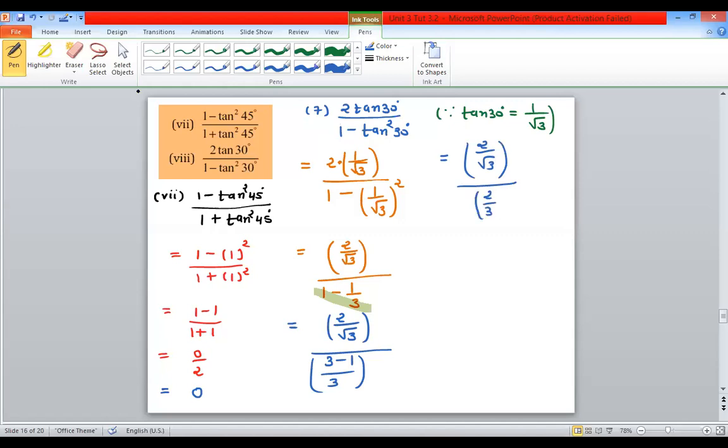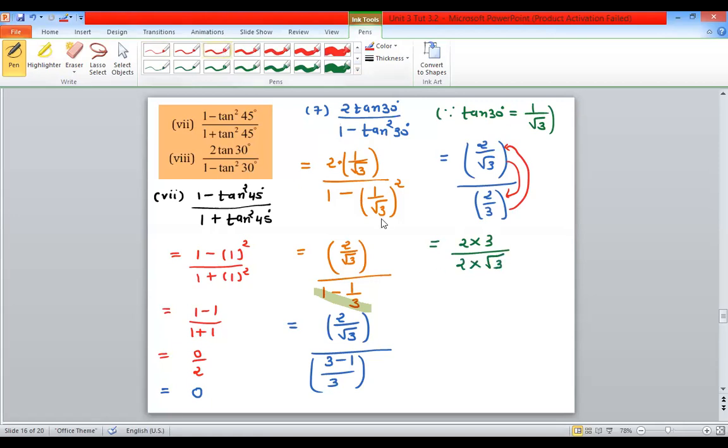And you know, this term is moving here and this term moving here. The other way round, it is 2 into 3 divided by 2 into under root 3.